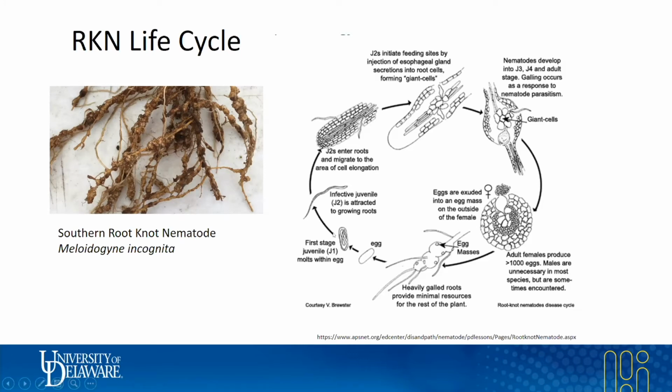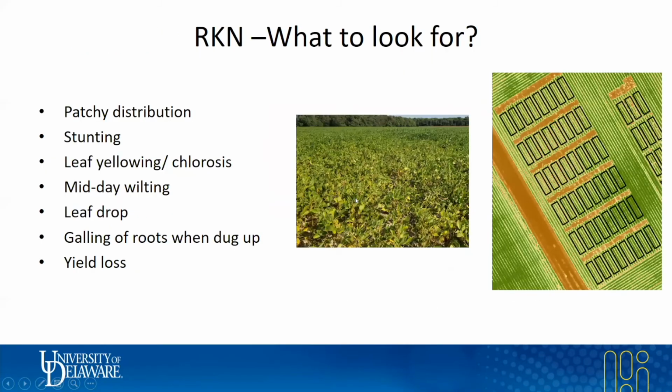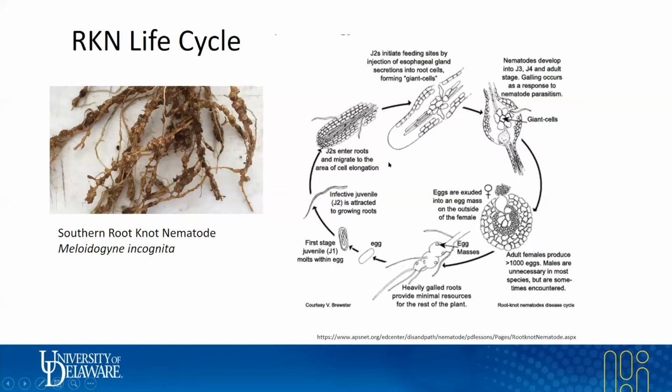Within this egg, it'll make the first juvenile, and eventually this will hatch out. And this is what's called a J2. And these juveniles or J2s are the ones that are going to move through the soil and actually find those root tips. So they'll find roots and then they begin feeding.